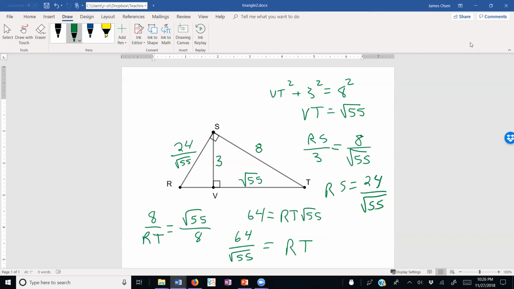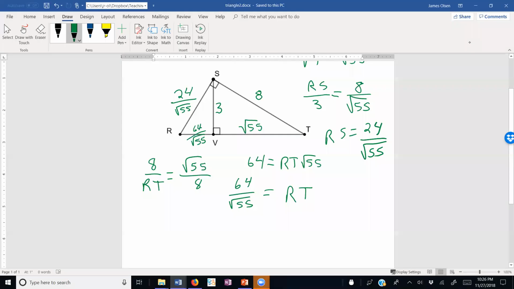And then it's probably a good idea to check. Let's do the check here. On the left-hand triangle, 3 squared plus 64 over root 55.